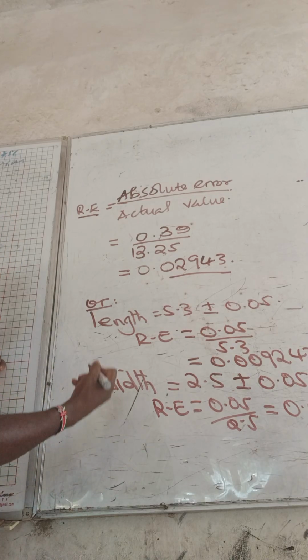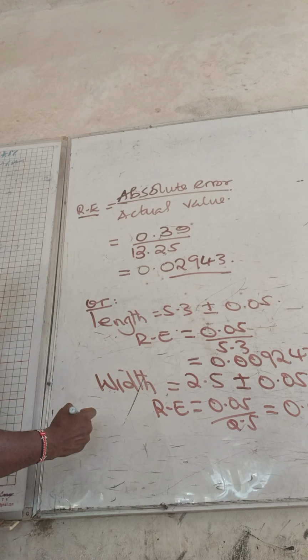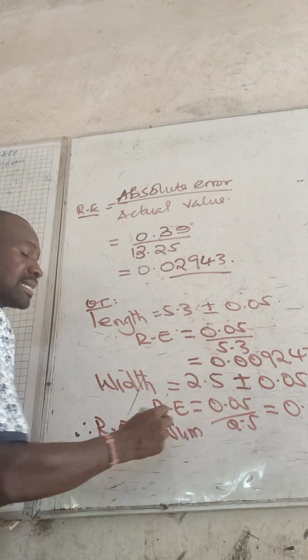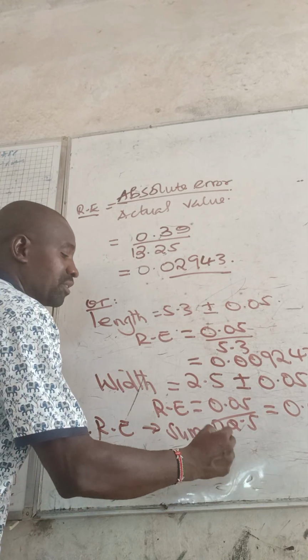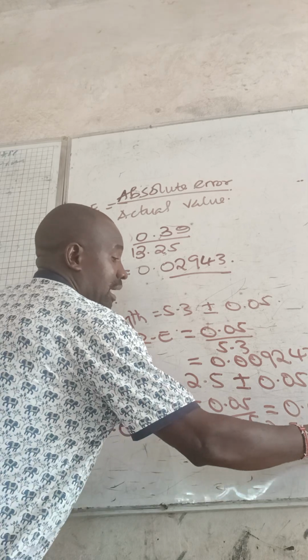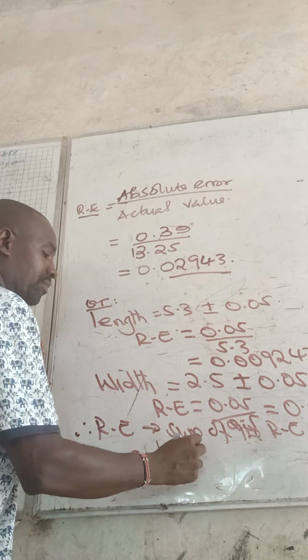Now, what will be the relative error? For us to get the relative error, we get the sum of the relative errors in length and width.